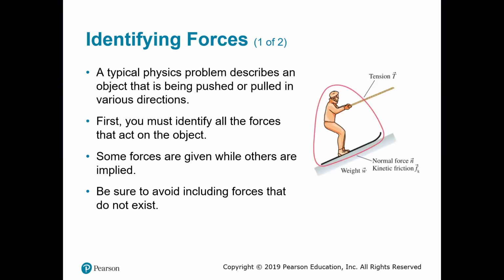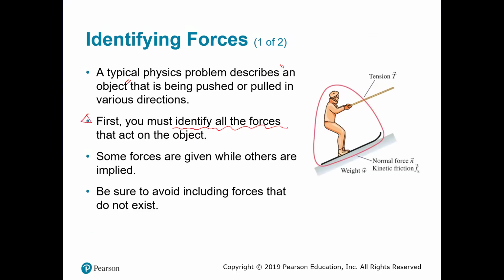So the basic idea here is a typical physics problem describes an object. This is an object that you are interested in, being pulled or pushed in various directions based on various forces. First, you must identify all forces acting on the object.